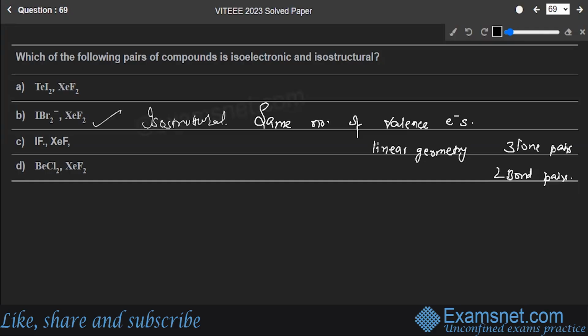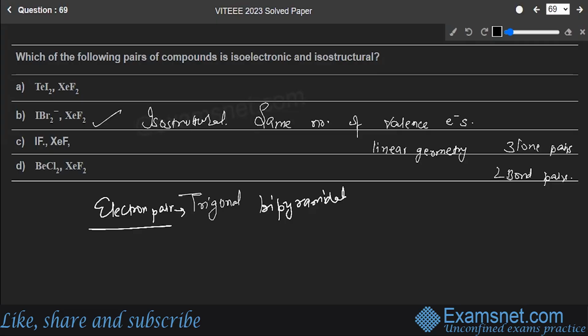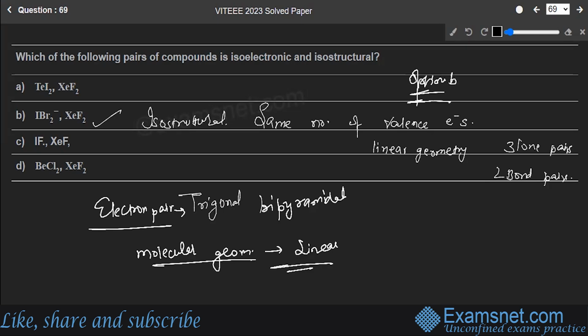Electron pair geometry is trigonal bipyramidal, and the molecular geometry is linear. So you have option B as the correct answer to the question.